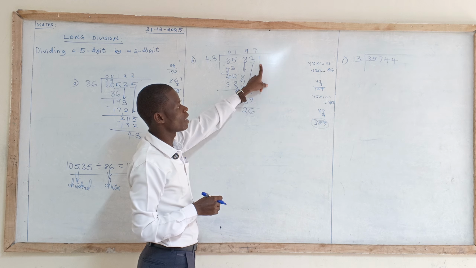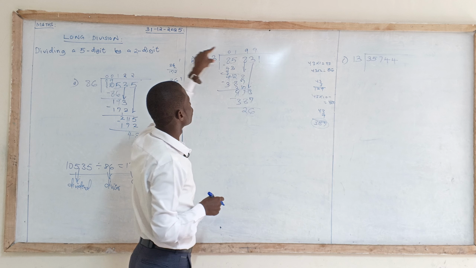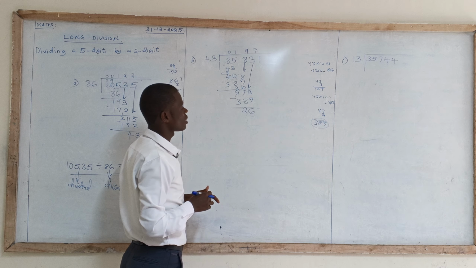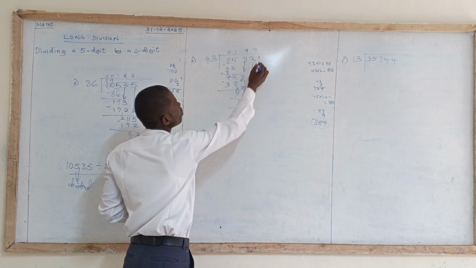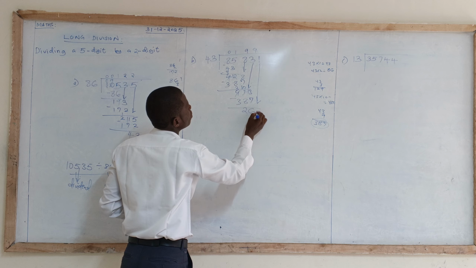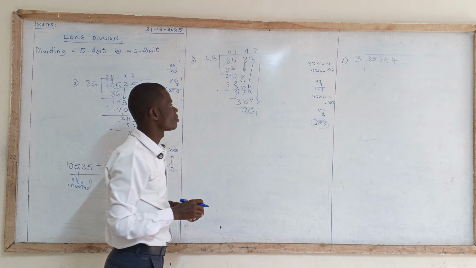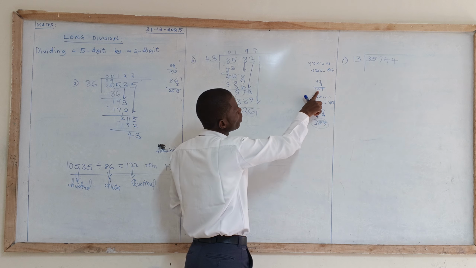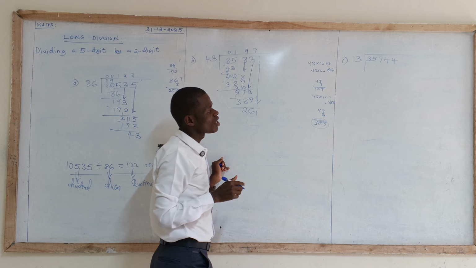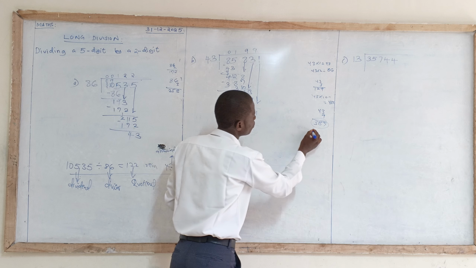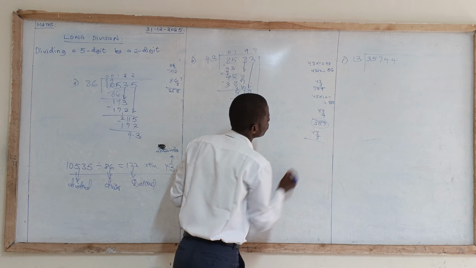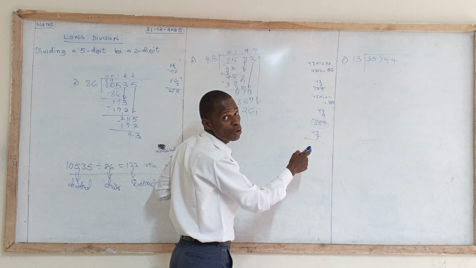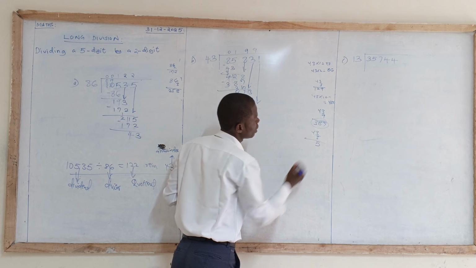But do we have a number here? Yes, 1. 43 cannot divide 26. What do we do? Bring this 1 here. 261. So here I'm very close. Let me try 43 times 5. 5 times 3, what do you have? This is 15.